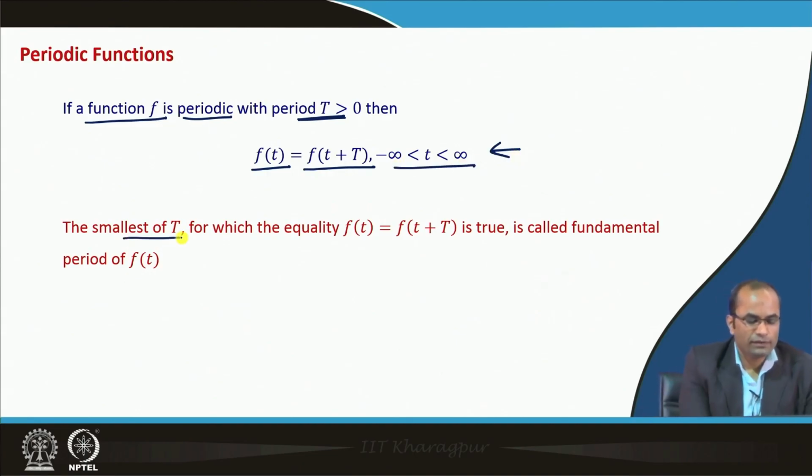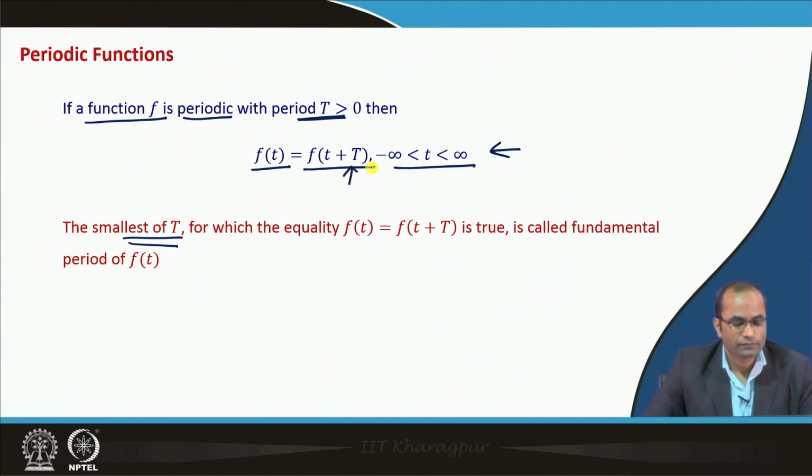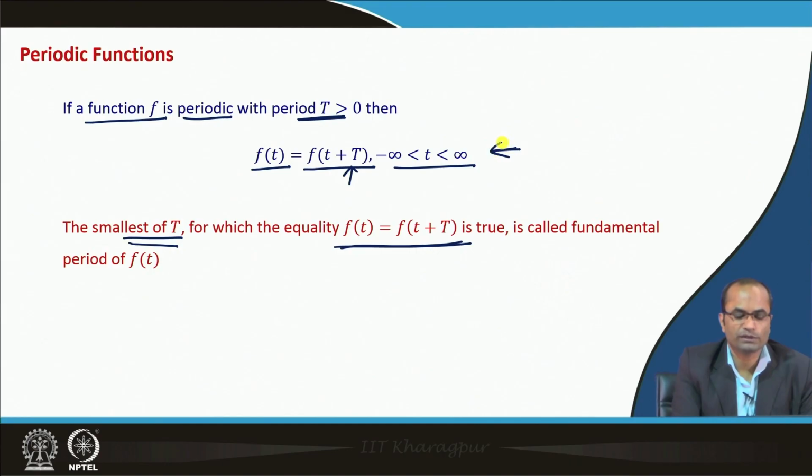We will observe later that once we find some T such that this property holds, then 2T or 3T, any integer multiple of T, will also work.